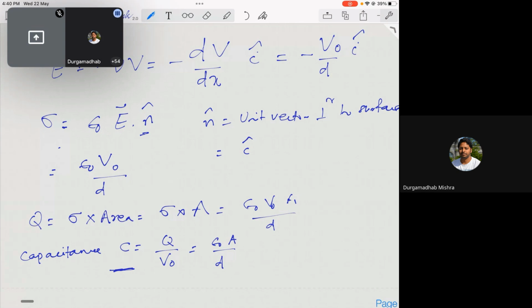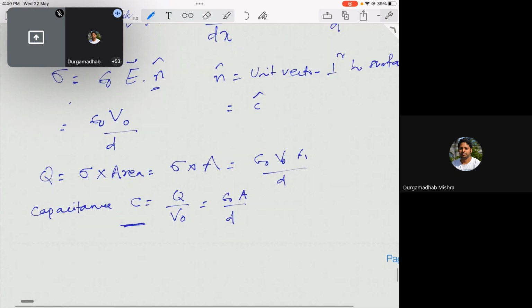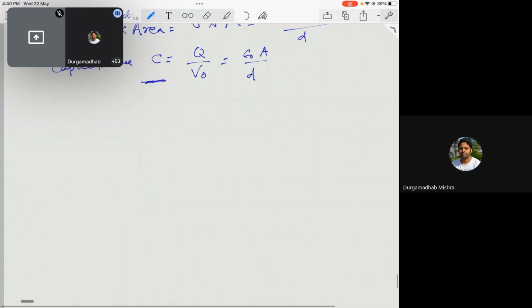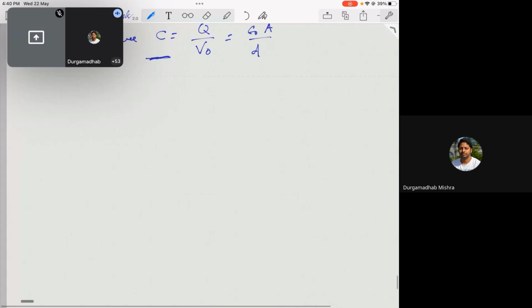I will now look at another technique, which is again a technique to find the electric field or the potential for a given charge distribution, which is known as the method of images.